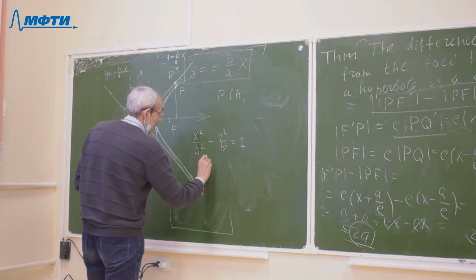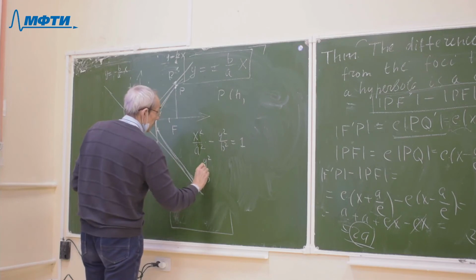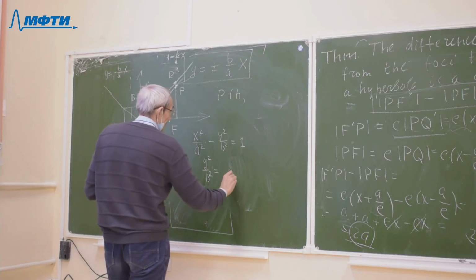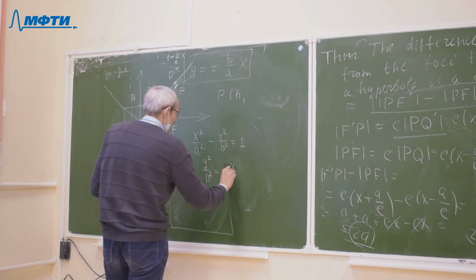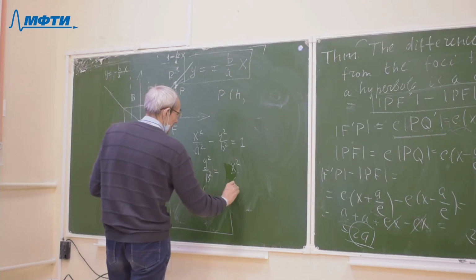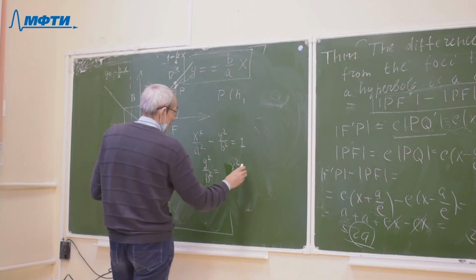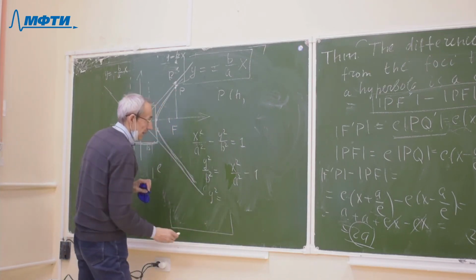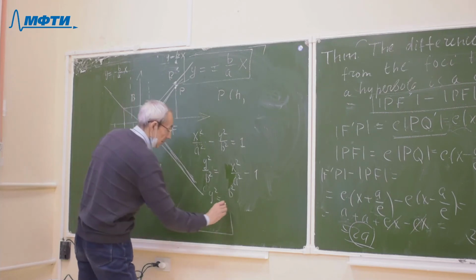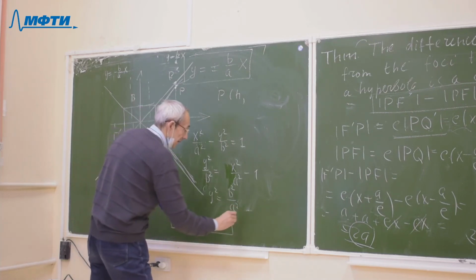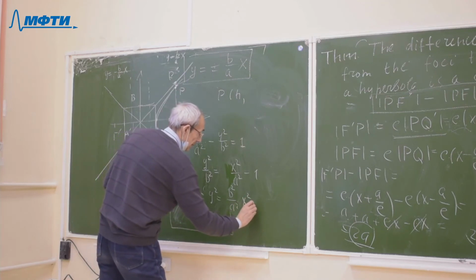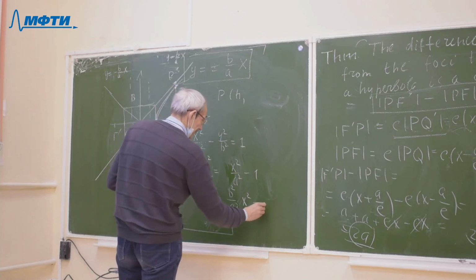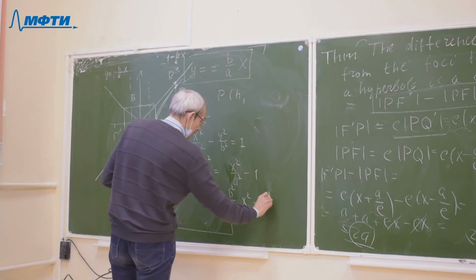We obtain the ratio y square over b square is equal to x square over a square minus 1, and y square is equal to b square over a square times x square minus a square.